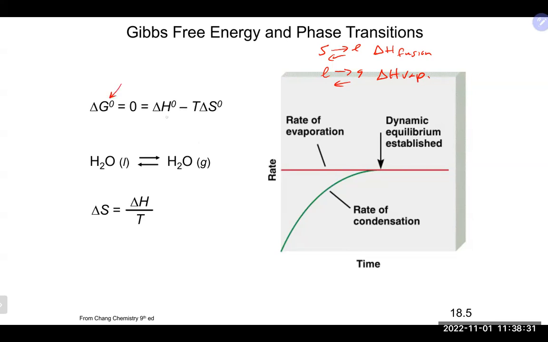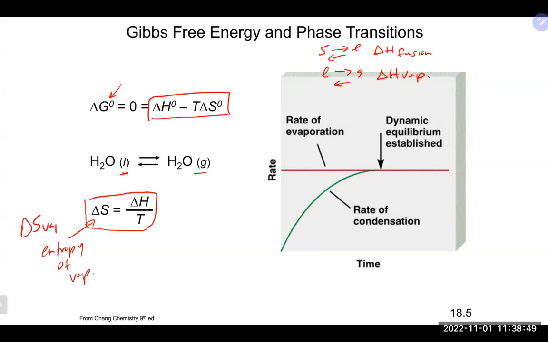And we could actually take this equation and solve for the delta S. And this would give us what is sometimes referred to, as we're going from liquid to gas, as the entropy of vaporization, or the delta S of vaporization.